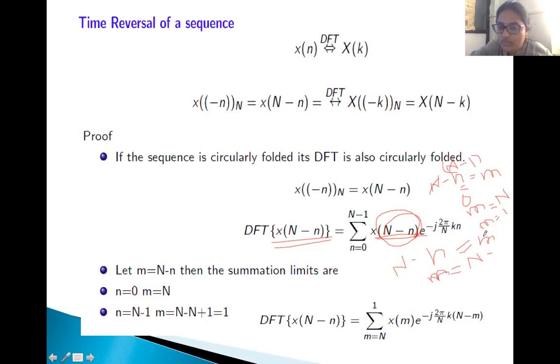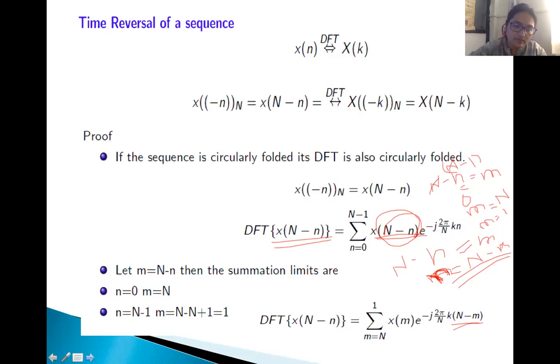If I'm taking n to this side and m to this side, what I'm going to get is the value of n, which is equal to N minus m. So this value which we have obtained here is now being substituted at this position. So here the value of small n is substituted, which is N minus m.